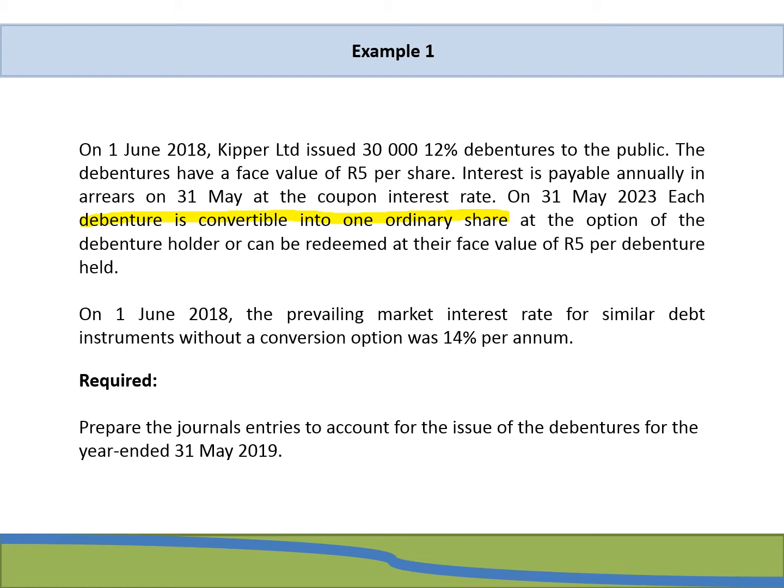On 1 June 2018, the prevailing market interest rate for similar debt instruments without a conversion option was 14% per annum. The requirement states that we need to prepare the journal entries to account for the issue of the debentures for the year ended 31 May 2019.